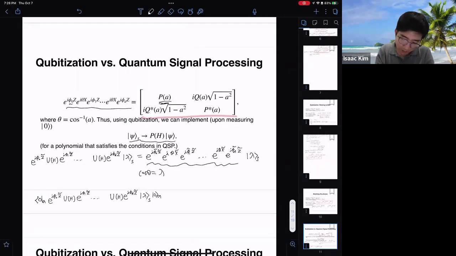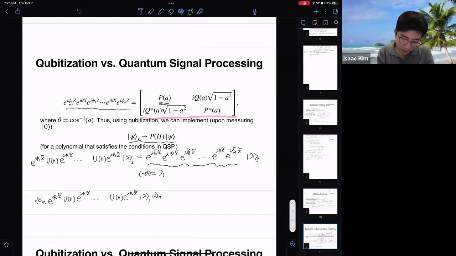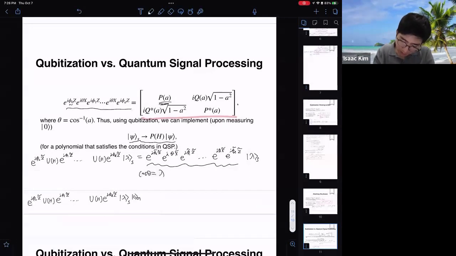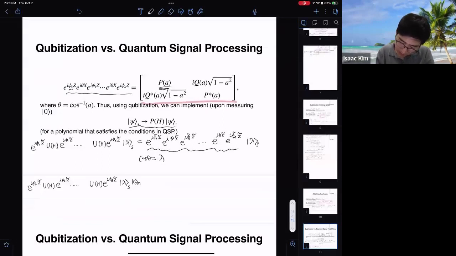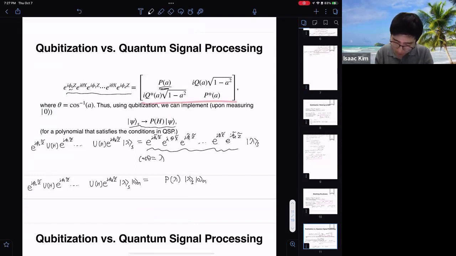Physically, what is happening is that you first apply the sequence of operators to this initial state, and then you're going to get 0_A, lambda s, and then P of lambda.